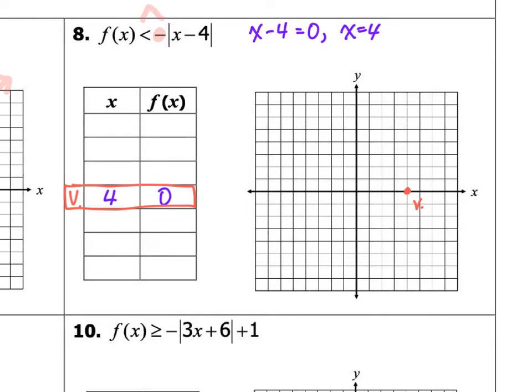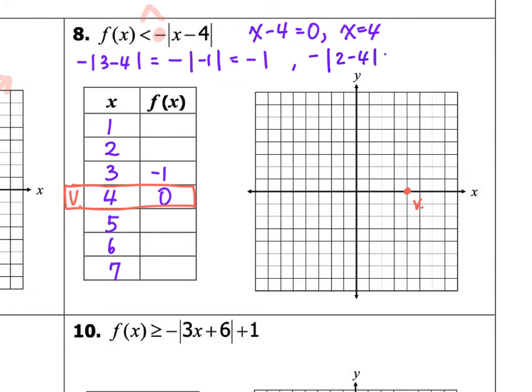So let's see. When x is 3, 3 minus 4, and there will be a negative with the absolute value of negative 1, which will be negative 1. So this is negative 1. When x is 2, 2 minus 4, there will be a negative, and the absolute value of negative 2 will come out negative 2.